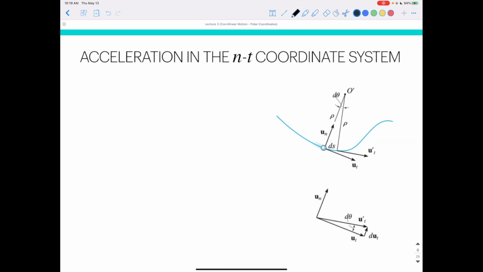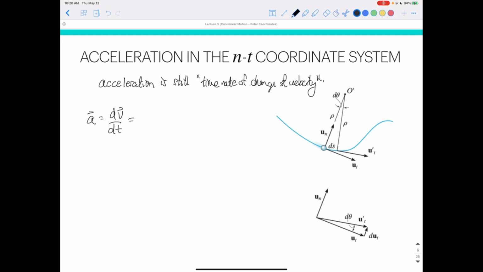The definition hasn't changed. Acceleration is still the time rate of change of velocity. So our acceleration vector is equal to the time derivative dv/dt.